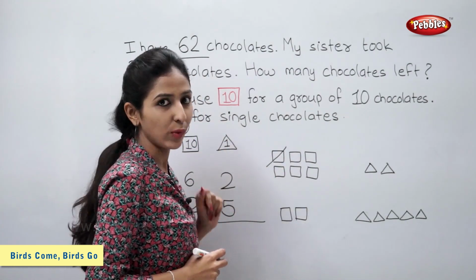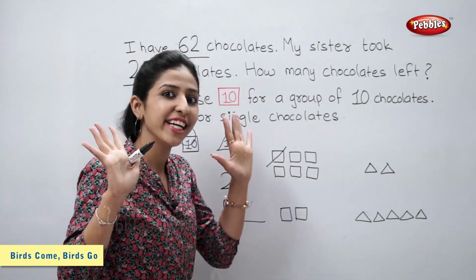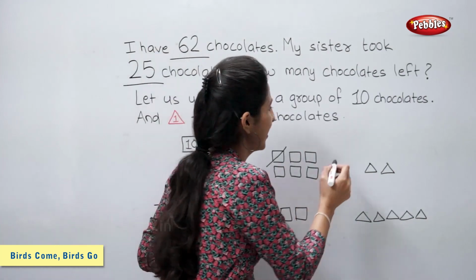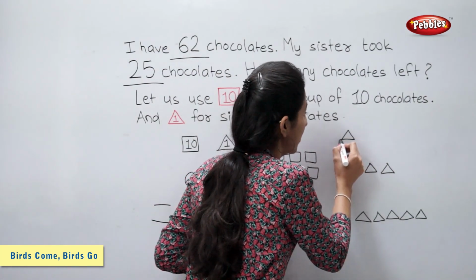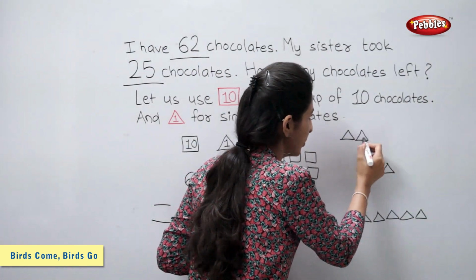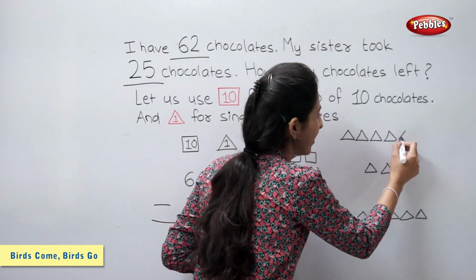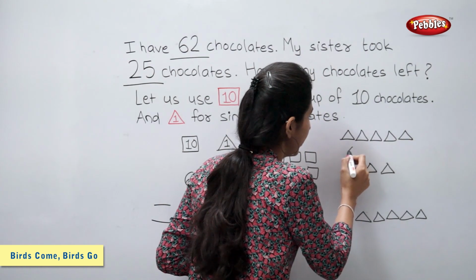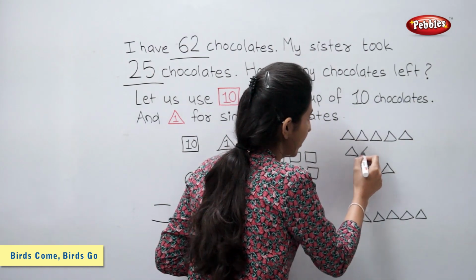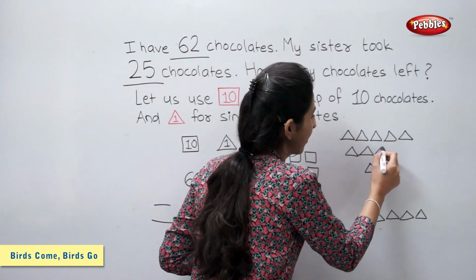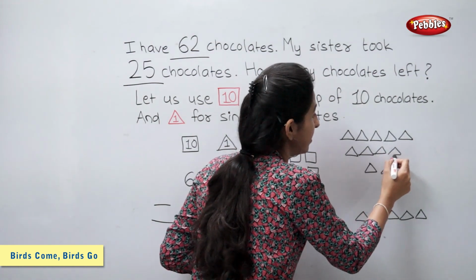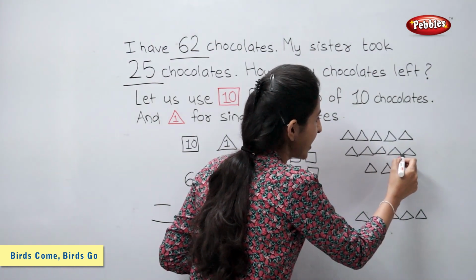I will break this square and I will get 10 triangles. 1, 2, 3, 4, 5, 6, 7, 8, 9 and 10.